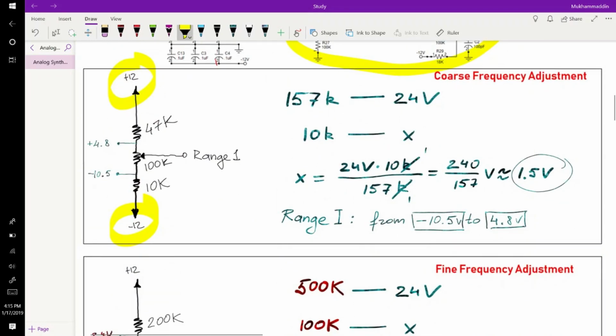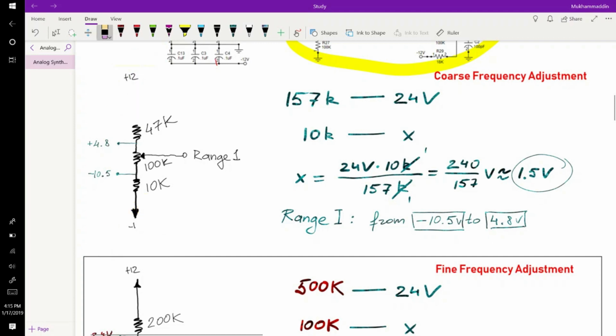You have 47K on top, 10K on the bottom, and 100K potentiometer in between. So let's calculate the range for this potentiometer. We have 24 volt in total and 157 kilo ohm resistance in total in this branch.